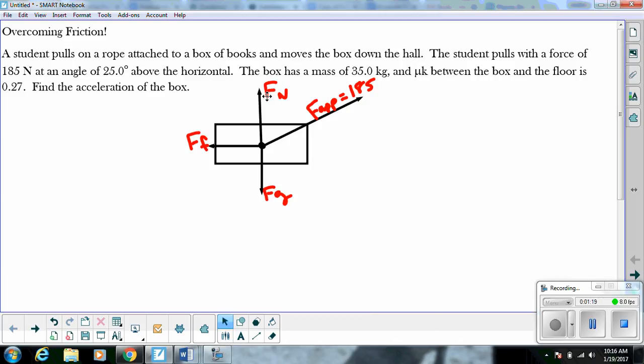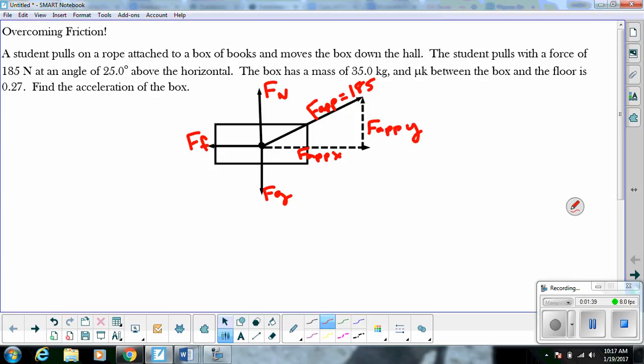Since that applied force is at a 25-degree angle, I can resolve that vector into its x component and its y component. So I can call this force applied in the x direction and force applied in the y direction. And this will be the 25 degrees.